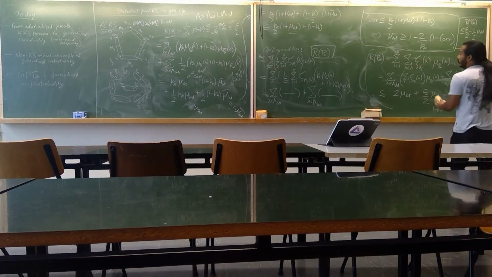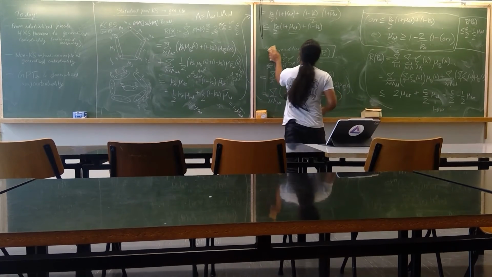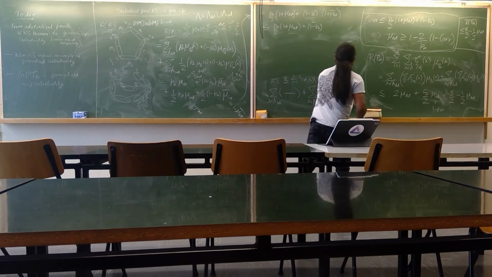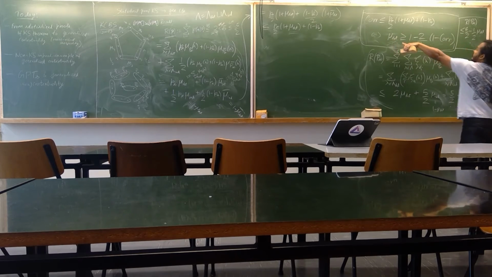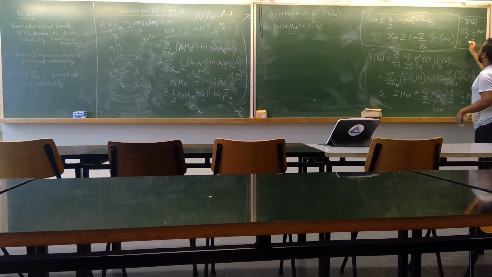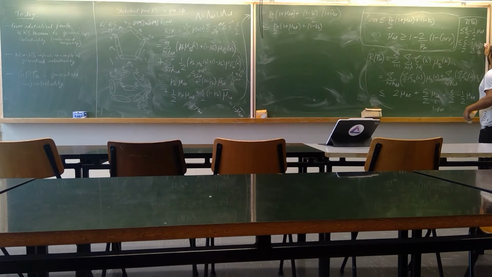So okay, then we're done basically because we just put this lower bound here. So this is less than or equal to 5 over 2 minus half into 1 minus 2 over p star times 1 minus core. Sorry about this.